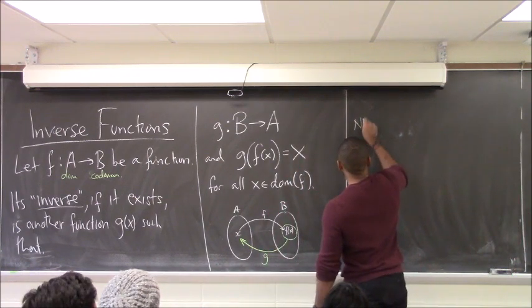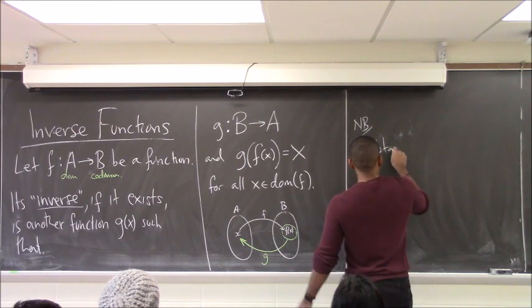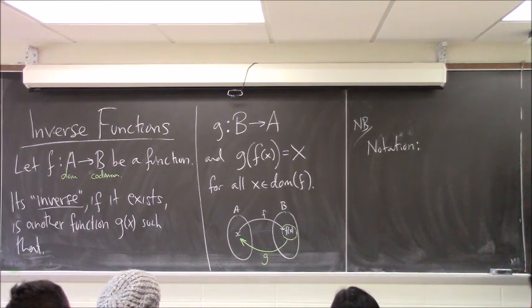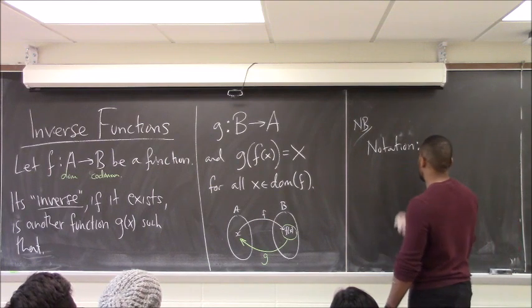Want to note something? First of all, the notation, which ends up being confusing in a lot of contexts to a lot of people, but this is the notation that we kind of keep for historical reasons.